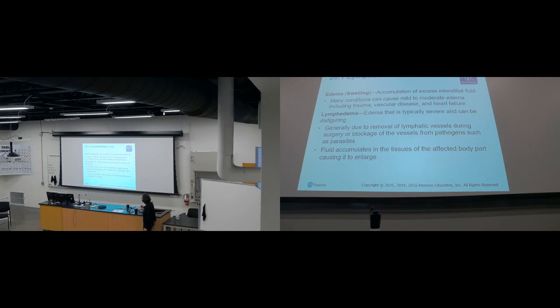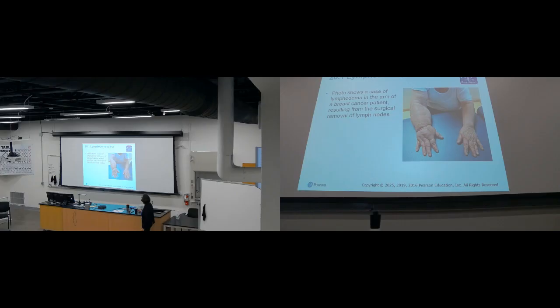And then some microorganisms, some parasites, can occlude these lymphatic vessels, and then you can have accumulation of fluids. So here we have lymphedema in a person with breast cancer.